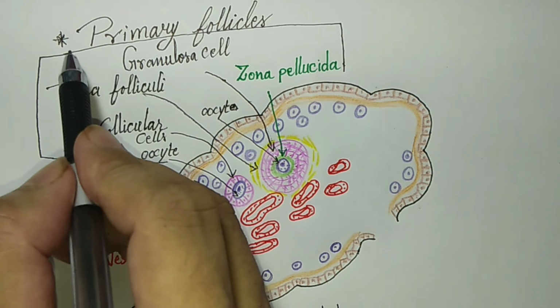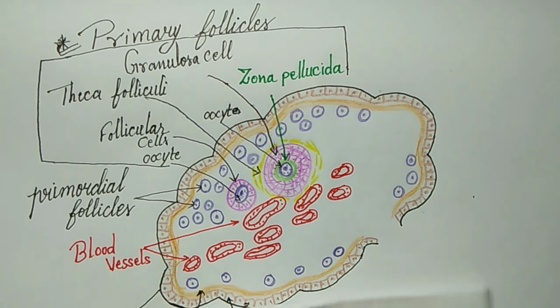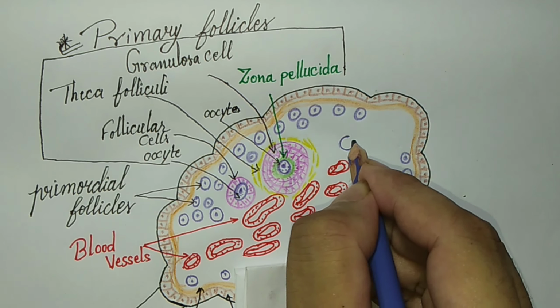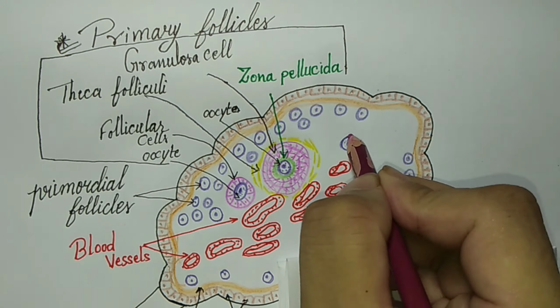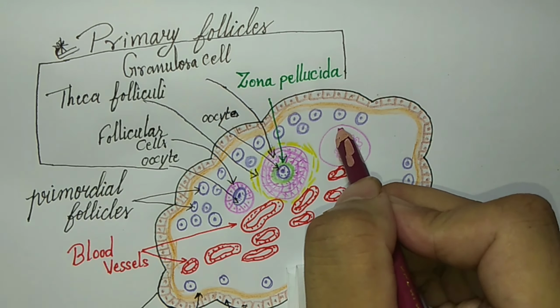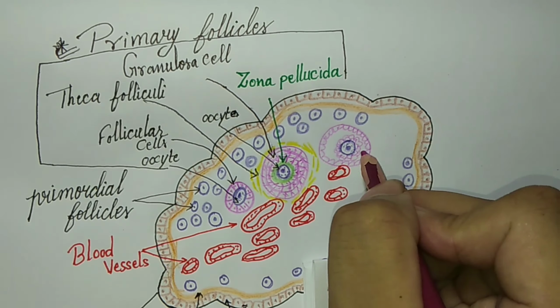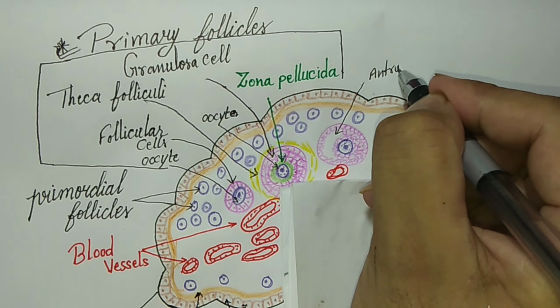Now the primary follicle becomes the secondary follicle after undergoing the following changes. Here is the structure of secondary follicle, that is called antral follicle.